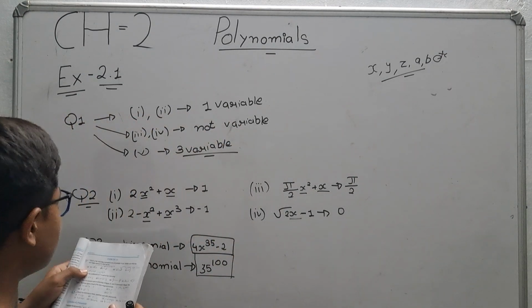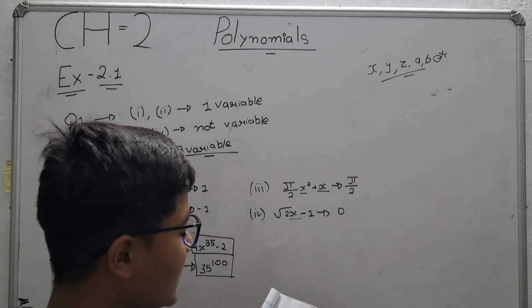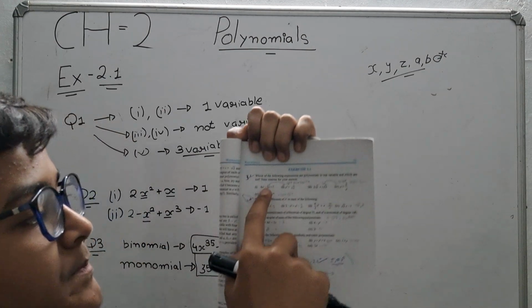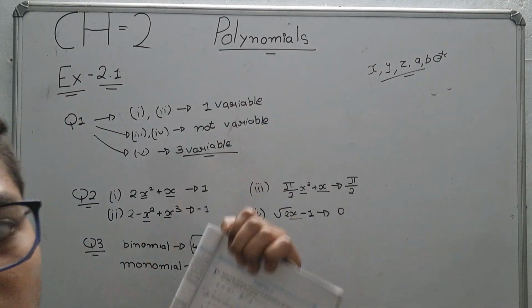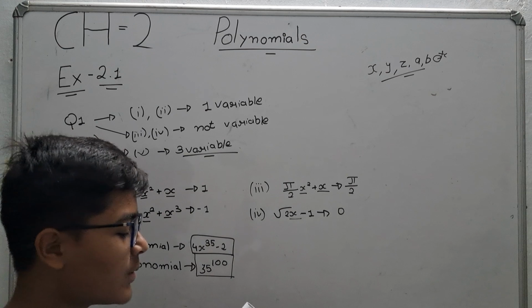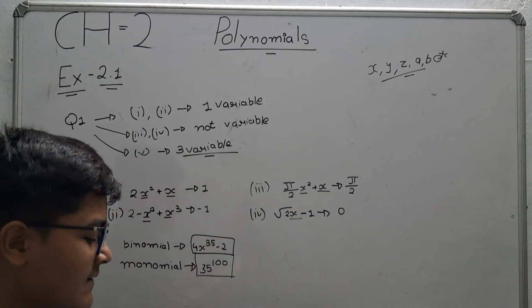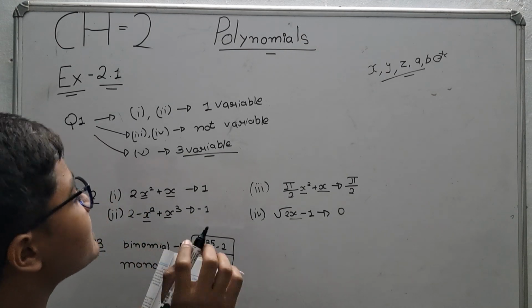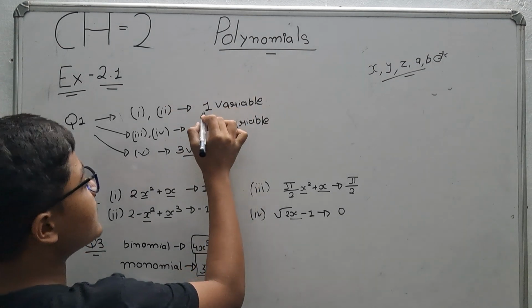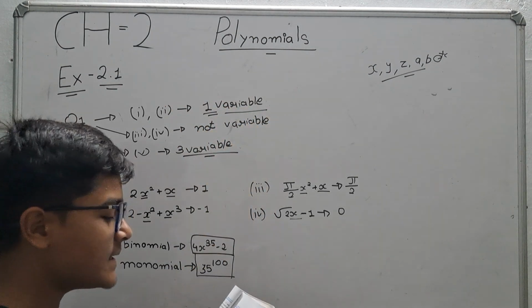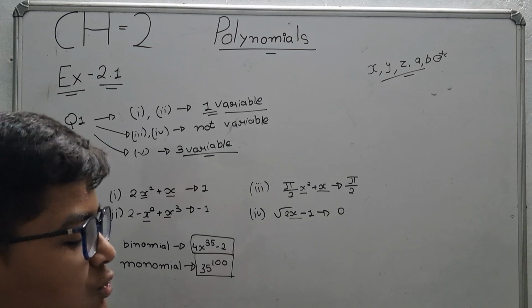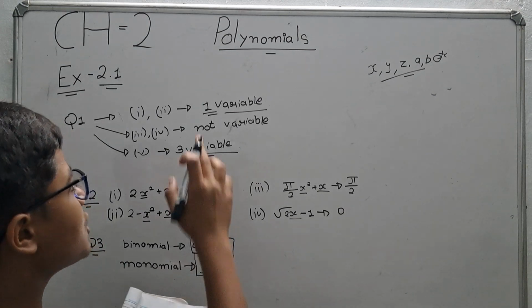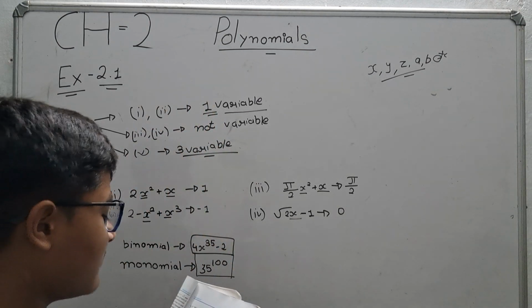So in the first and second, there is 4x square minus 3x plus 7. I hope that you all have the textbook. Here there is only x, so only one variable is there. In the second, y square plus root 2, only y is there, so number 2 is also one variable.